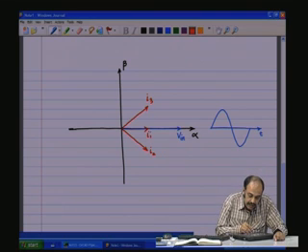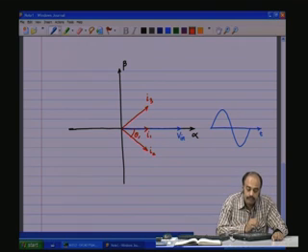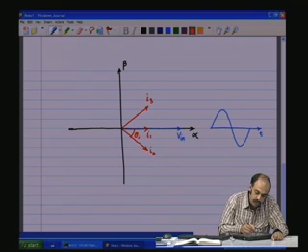So, this current I 1 could be in phase with the applied voltage, which is this, or it could be lagging by some angle theta 1, or it could be leading by some angle theta 2.